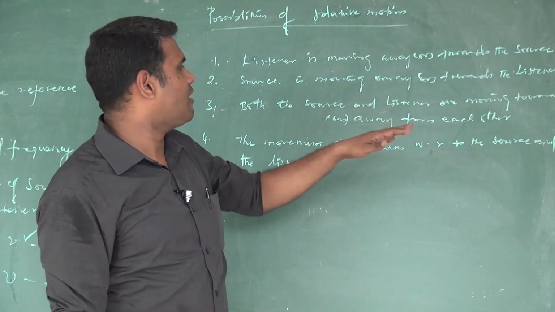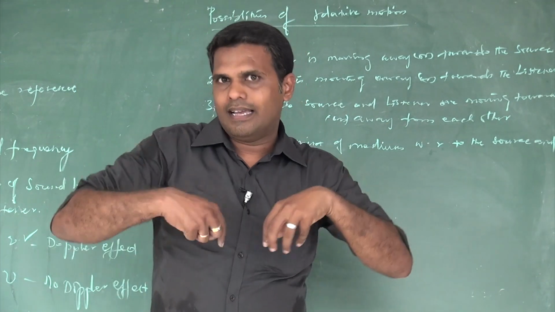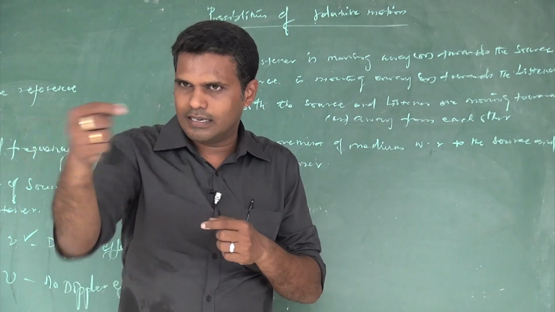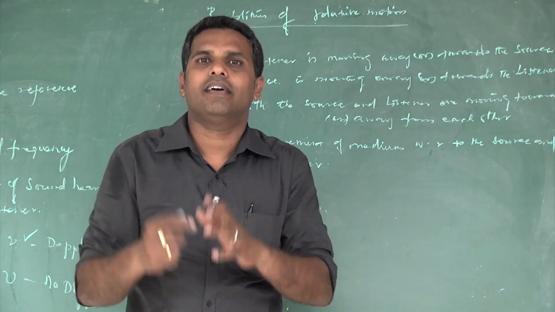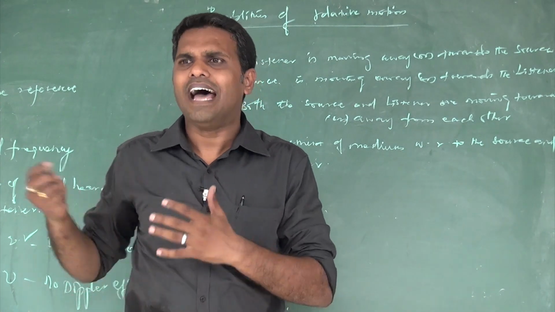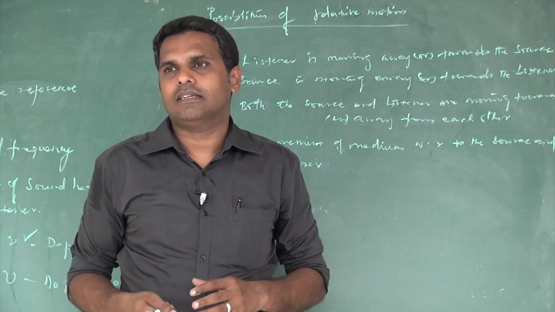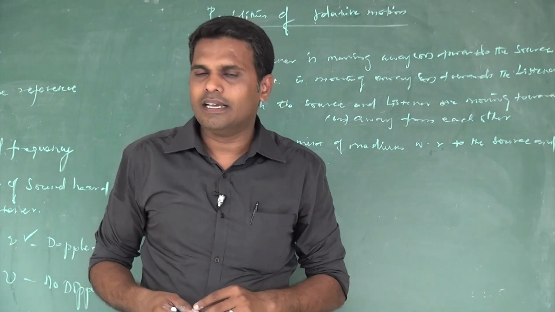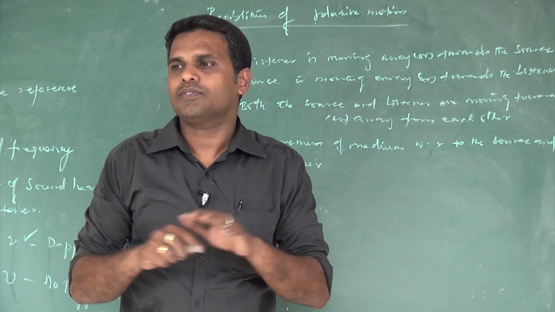And then the movement of the medium with respect to the source and the listener. I can consider the source and the listener are at rest. There is an intervening medium. Wind is there, air is there. Whatever space we are living in is filled with air.